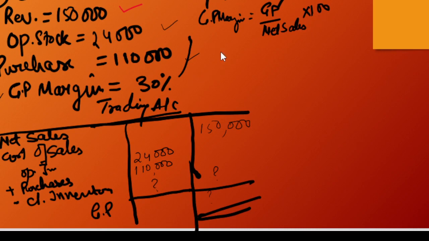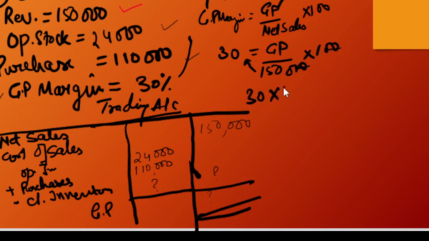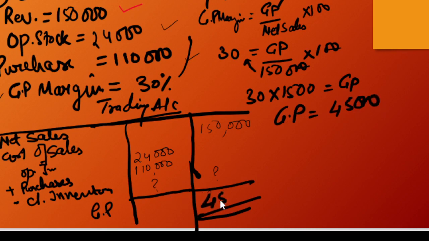So GP margin is 30, put 30 here. GP we don't know, but revenue we know, 150,000, into 100. So 30 times 150 is your GP. So GP is 45,000.